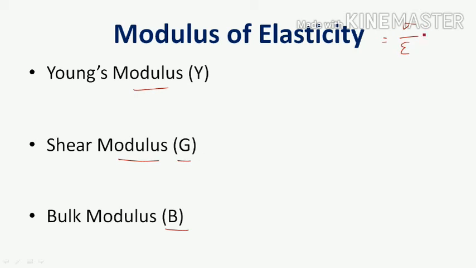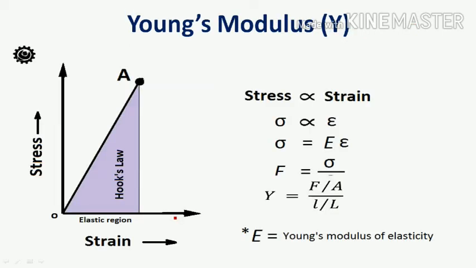If it is tensile stress by tensile strain, it is Young's modulus. If it is shear stress by shear strain, it is shear modulus. If it is volumetric stress by volumetric strain, then it is known as bulk modulus.